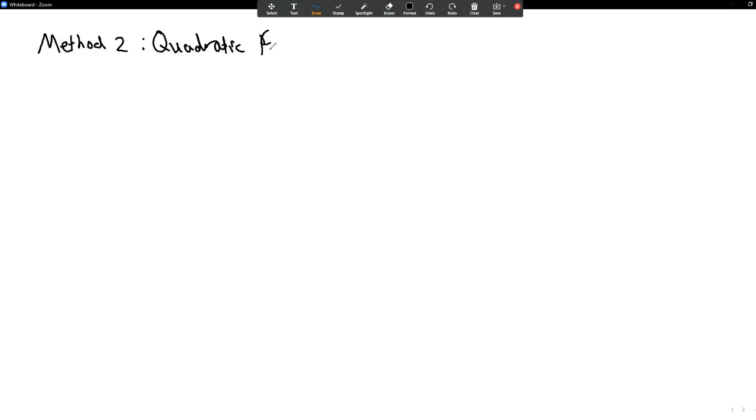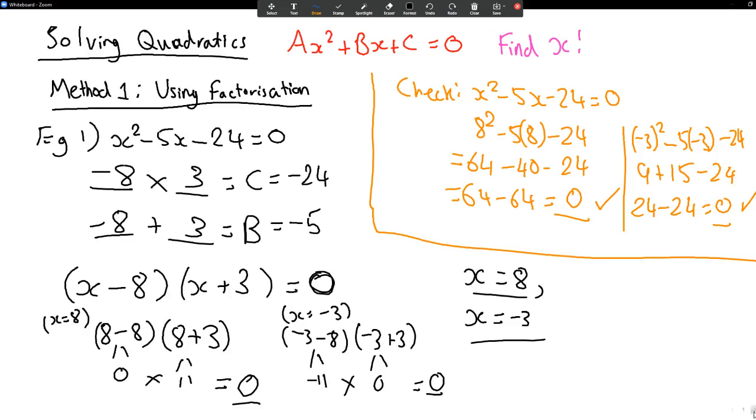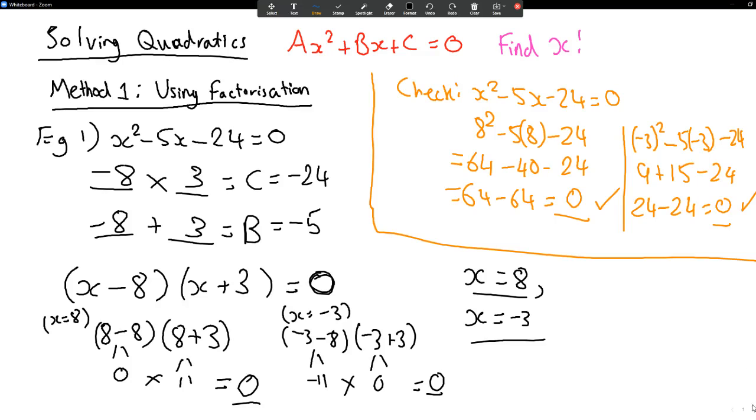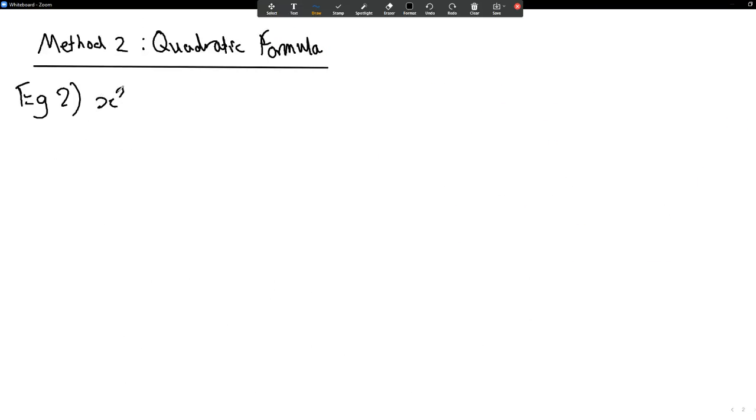And this is a nice formula that you can use to solve any quadratic. And if we use the same example as last time, which is x squared minus 5x minus 24 equals 0.